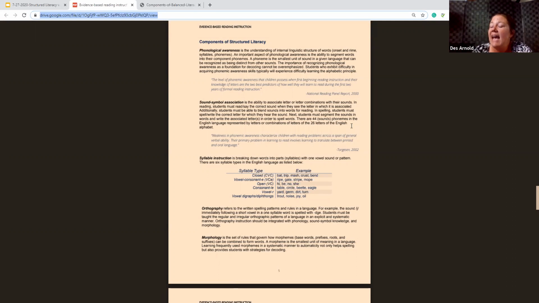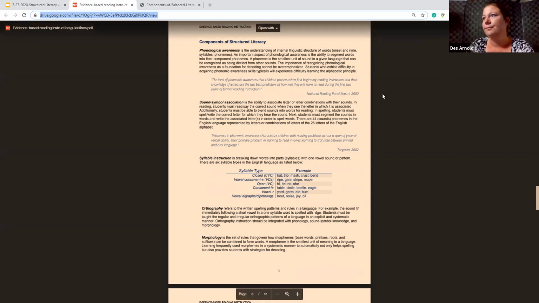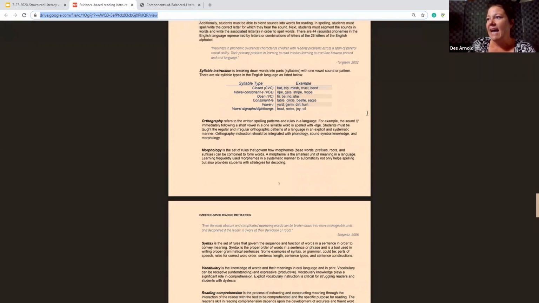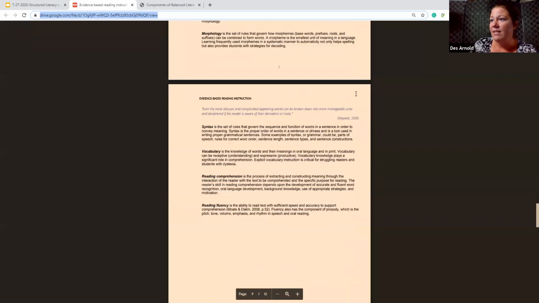And we can see how it all ties together in almost a scope and sequence. And you can still do your groups and you can still read. You're just focusing on these components and skills while you do it. So it breaks down what each of the components are.